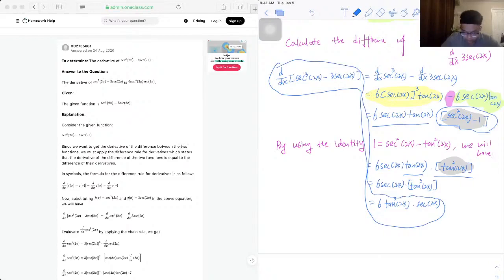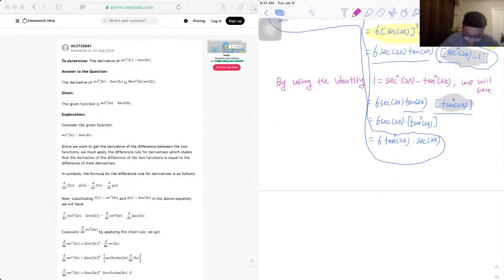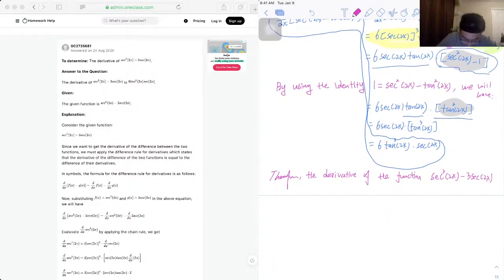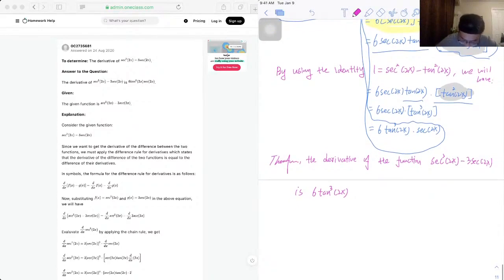Right. So let's write down the conclusion. Therefore, the derivative of the function secant 2x to the exponent of 3 minus 3 secant 2x is 6 tangent 2x to the exponent of 3 times secant 2x.